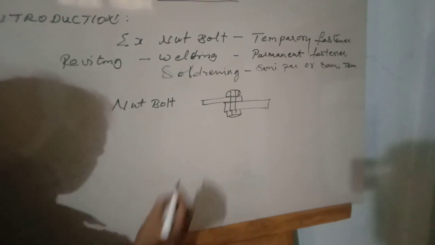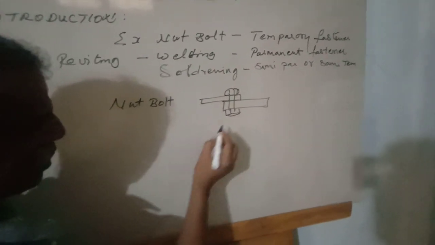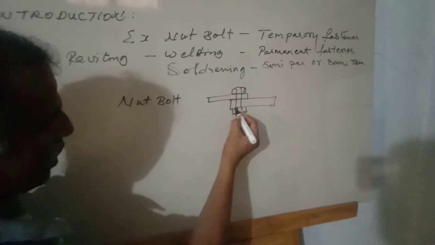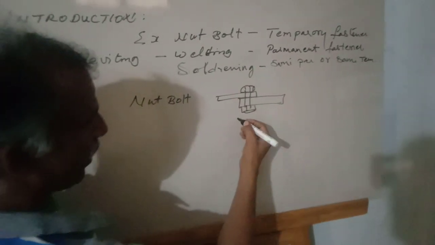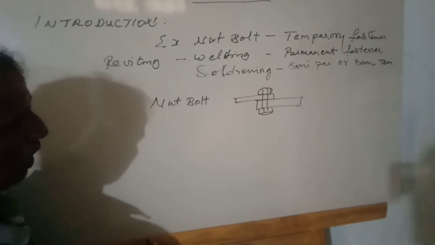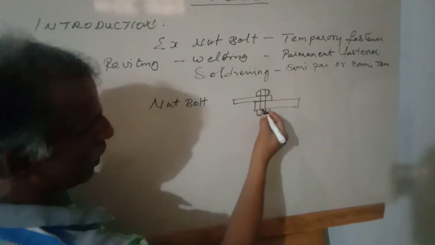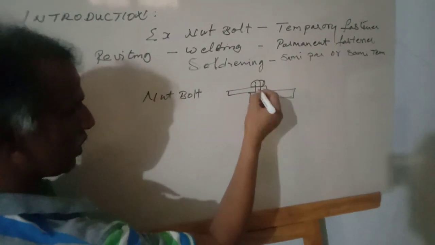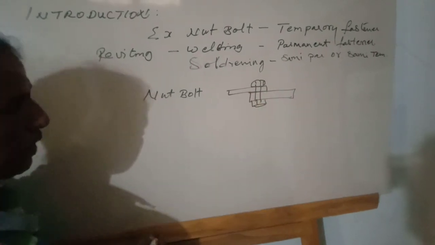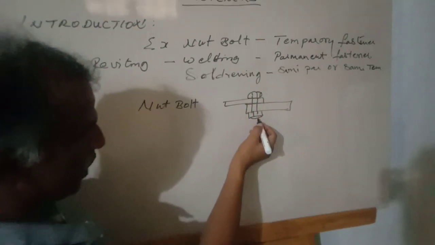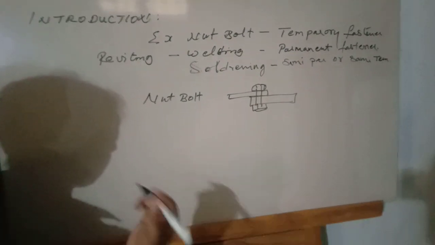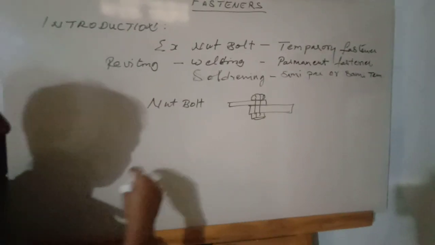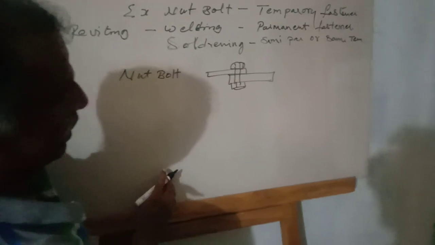Whenever you don't want to join these two flaps together, you can unscrew the nut and we can separate the parts. And when you want to join the same pieces together again with the help of nut and bolt, the same nut and bolt can be used. Means whenever you want, whenever you don't want, you can join and you can dismantle it.